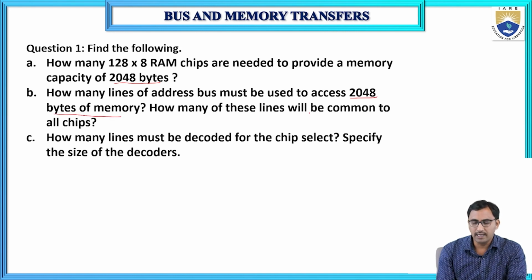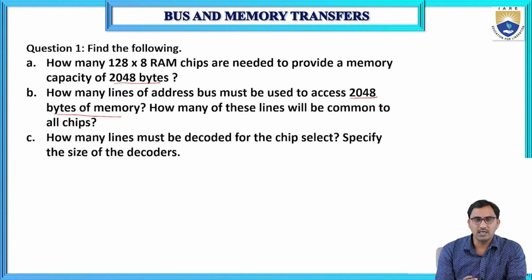How many of these lines will be common to all chips? And the third: how many lines must be decoded for the chip select? Specify the size of the decoder. We have to read the problem once or twice for understanding purposes.